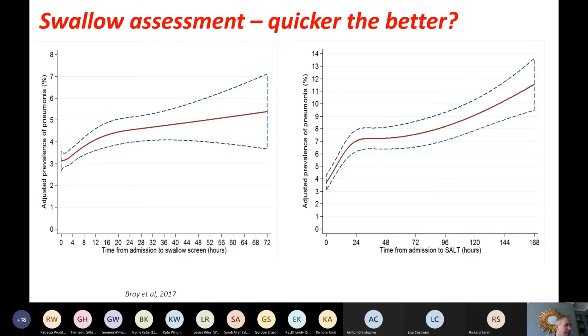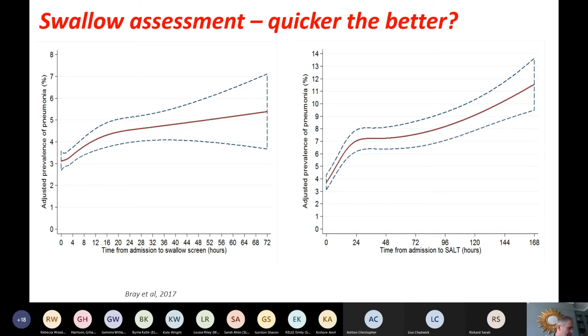So this is just an illustration from a study that we did using, again, individual patient SNAP data, where we looked at SAP in SNAP as an outcome, and then we looked to see whether there was any importance of how quickly people got either a swallow screen, on the left, or a speech and language therapy assessment if they'd failed or didn't have their swallow screen because they were too unwell.